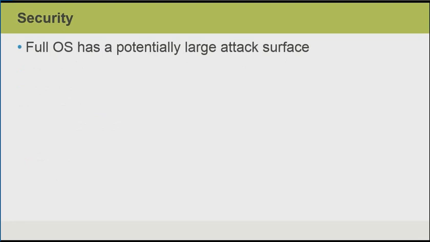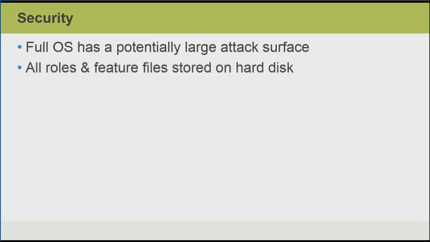On the security side, a full operating system installation has a potentially larger attack surface because there's more installed and more running. In the past, all roles and feature files were stored on the hard disk, even if they were never used. That also means that patches were applied. Having a local graphical user interface or GUI can be problematic on a server.